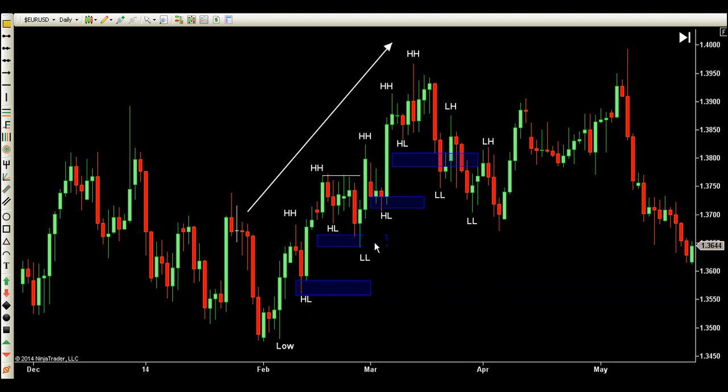Right, now here's the boxes on the chart. You can see here this low to high retracement comes into this 50 to 61.8 Fibonacci box, and the price bounces.